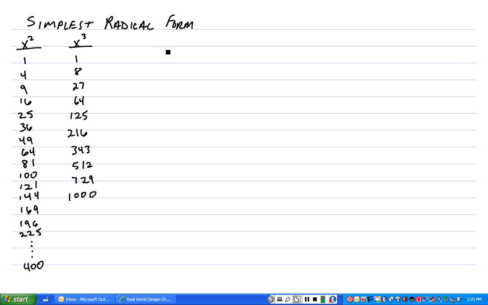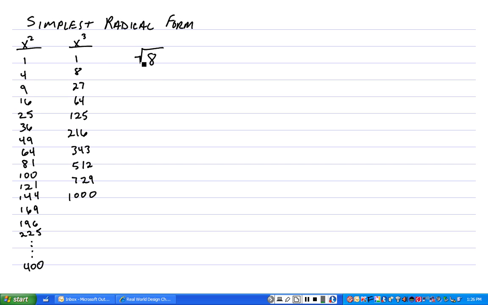Now let's just say we have the square root of 8. When you're taking the square root or cube root of some number, what you want to do is find the highest number that fits with that root. Okay, so we're talking square root.